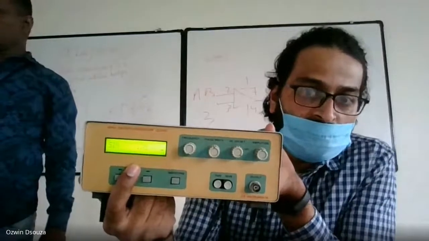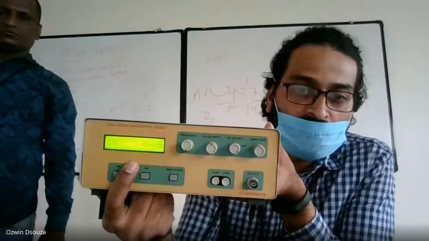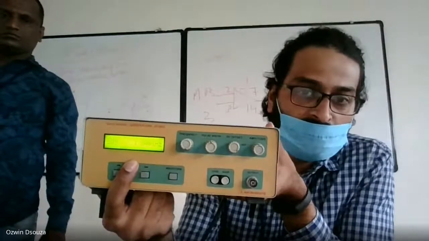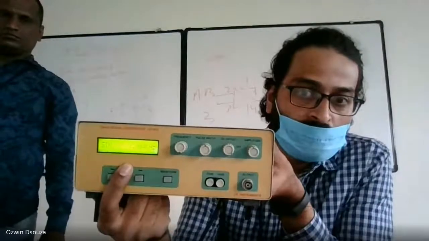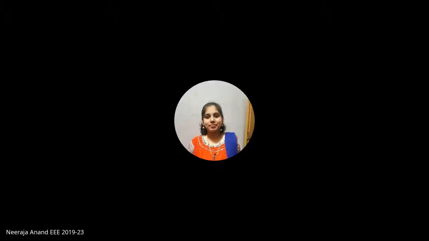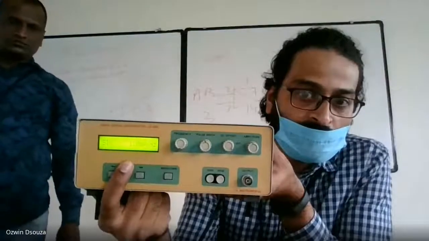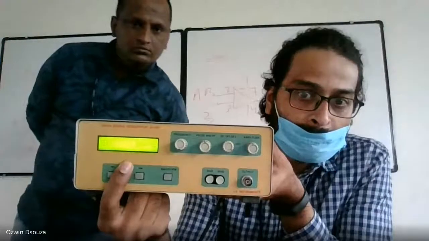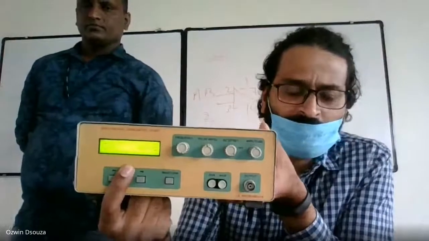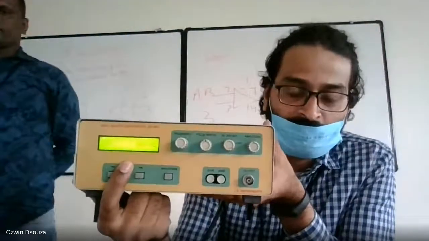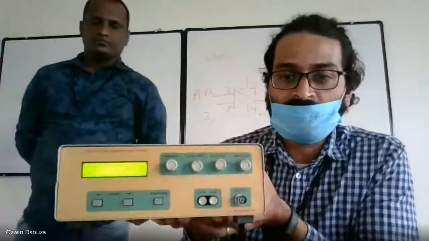How is it appearing, inverted or non-inverted? You're able to see the reading on the display? Yes, sir. What is it showing? Frequencies. Right, that's what I just wanted to show you. This is your AC power supply.